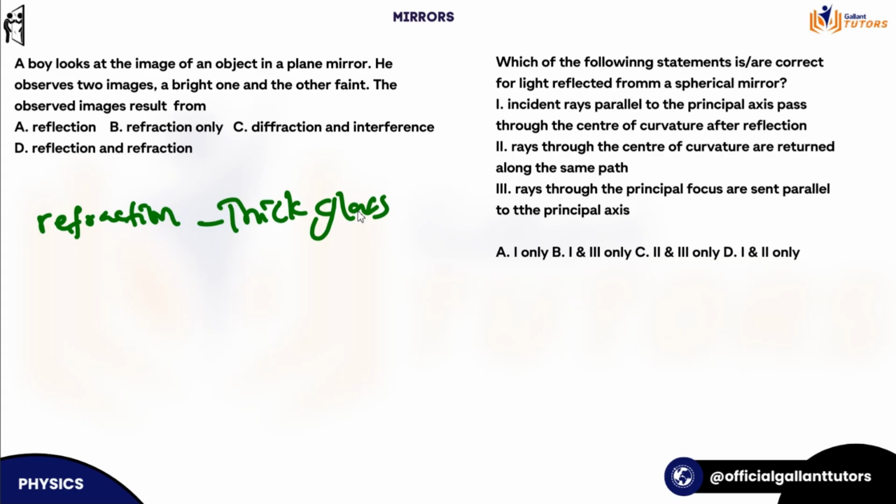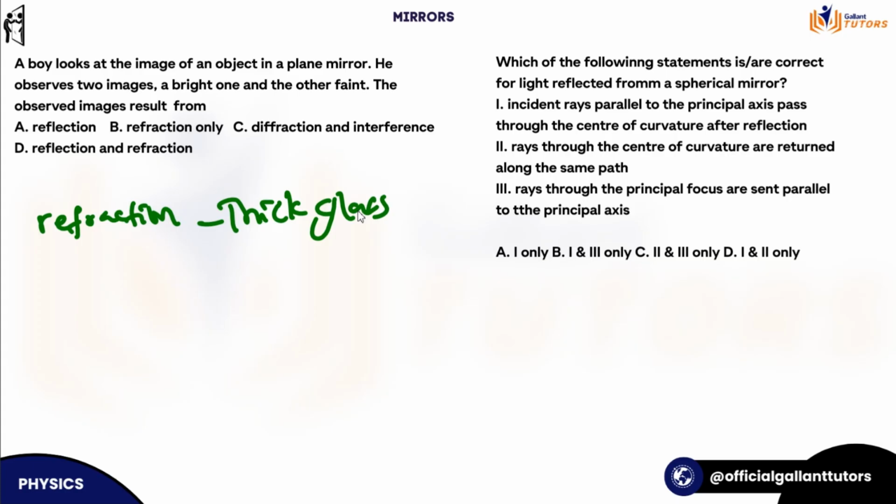Do you get it now, right? So multiple images are formed in a plane mirror mainly due to the thickness of the mirror. Refraction mainly takes place in lenses. Is that clear? Let's go to the next question.